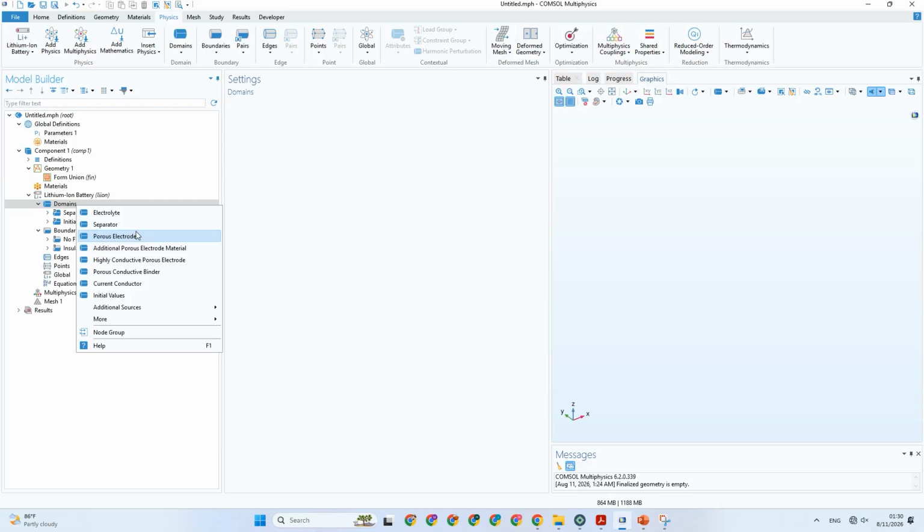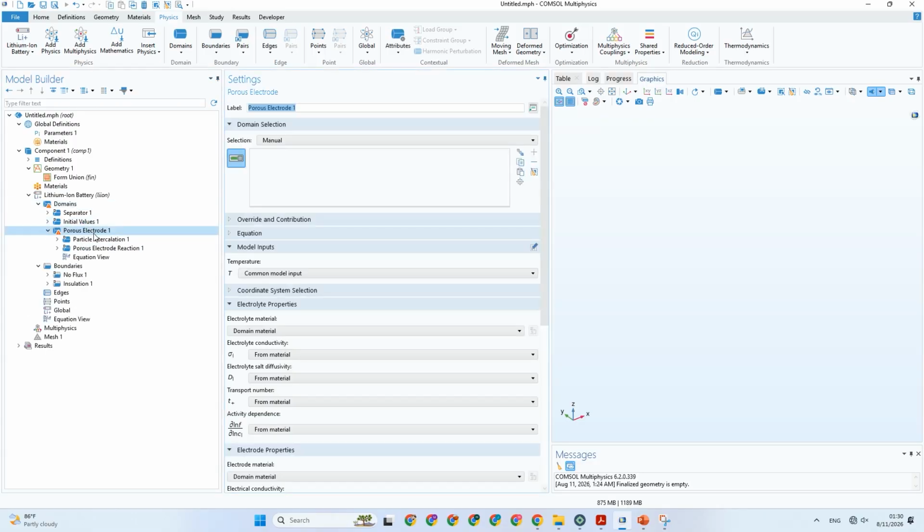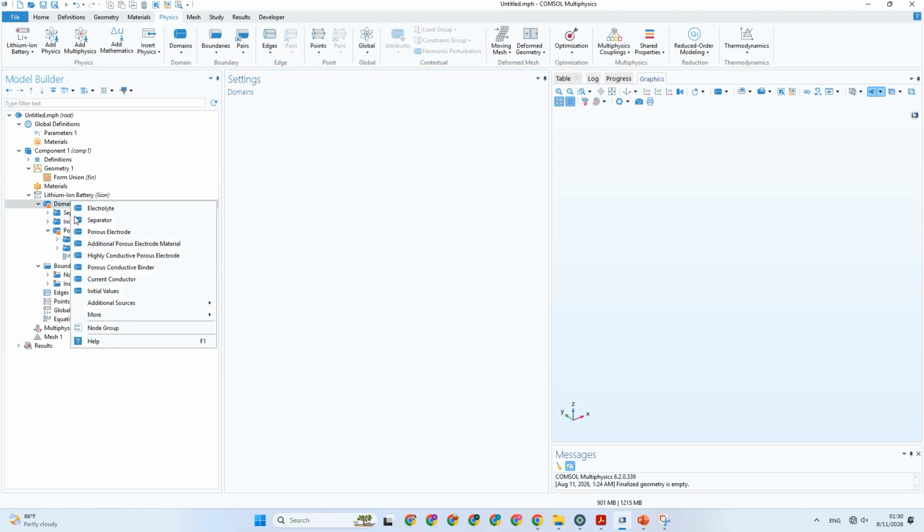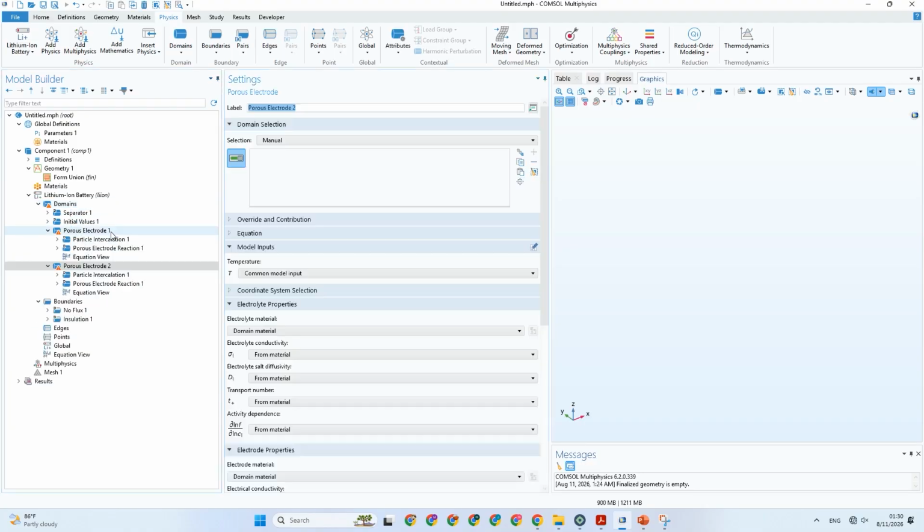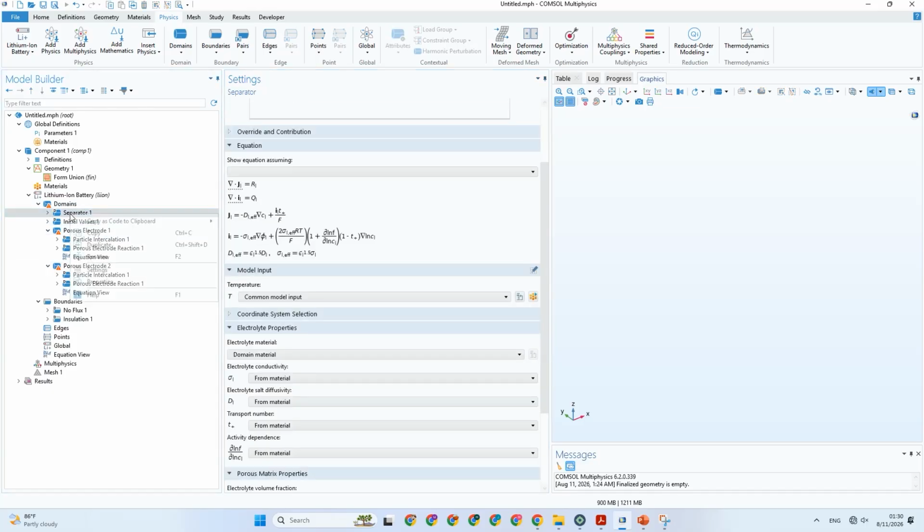We can add two porous electrodes, porous electrode 1 and porous electrode 2. Okay. And the separator as electrolyte.